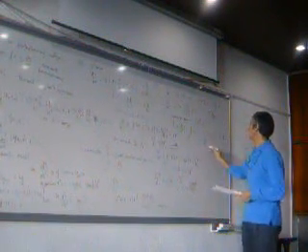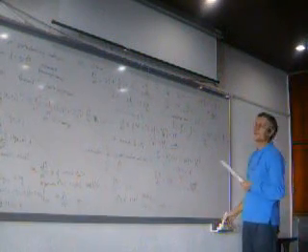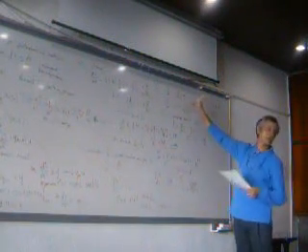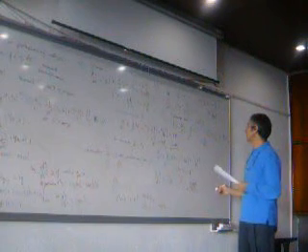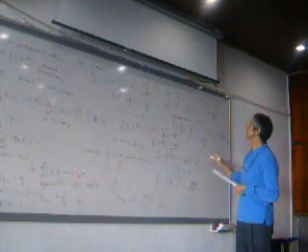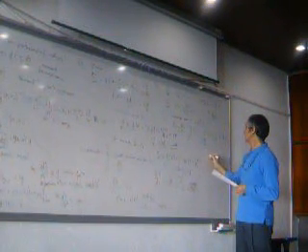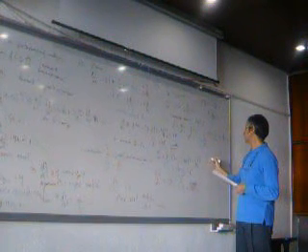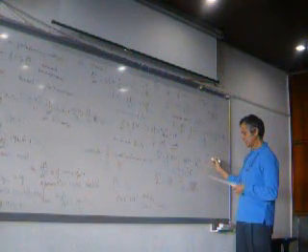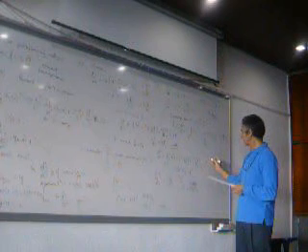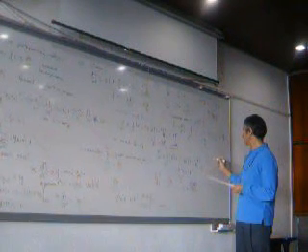Therefore, when I linearize my nonlinear differential equation, it becomes d squared x over dt squared approximately equal to minus 2 dx over dt.